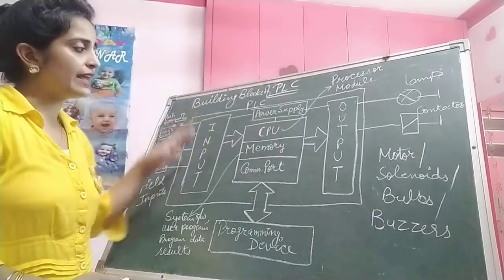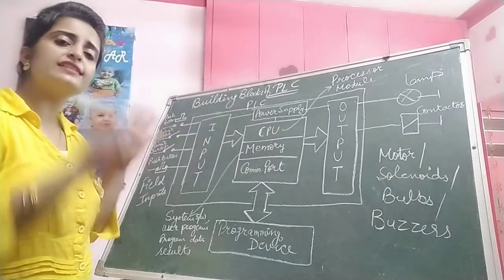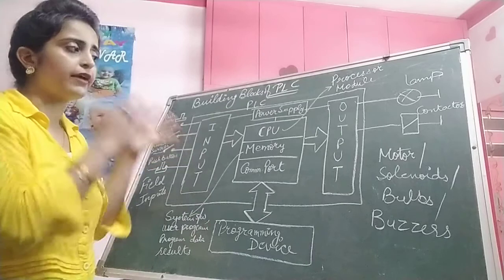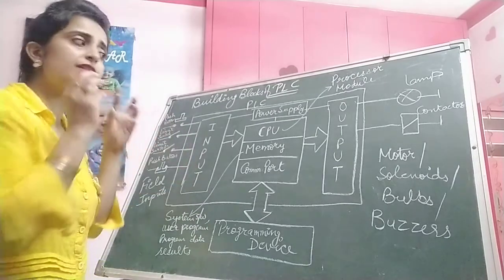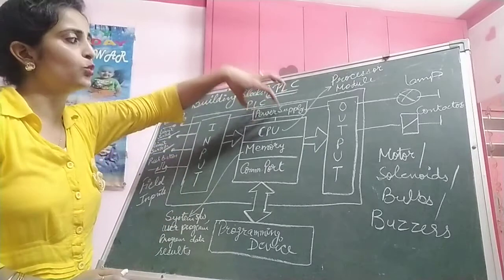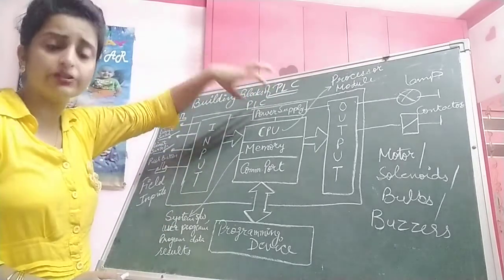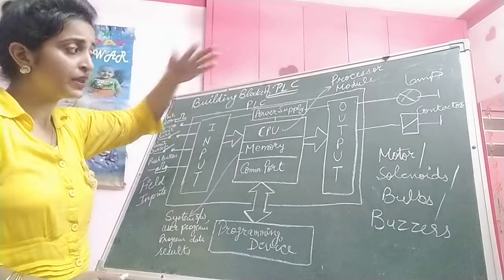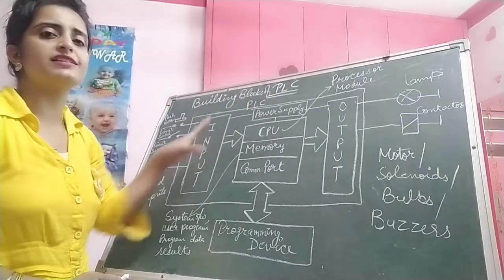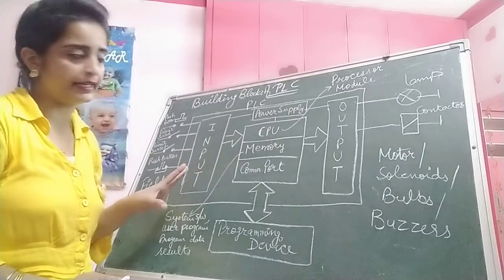Whenever any module needs AC supply, the power supply will provide the AC signal, and if any module needs DC supply, a constant DC supply will be provided. This power supply section gives us the options to provide AC or DC to different modules of the PLC, right?